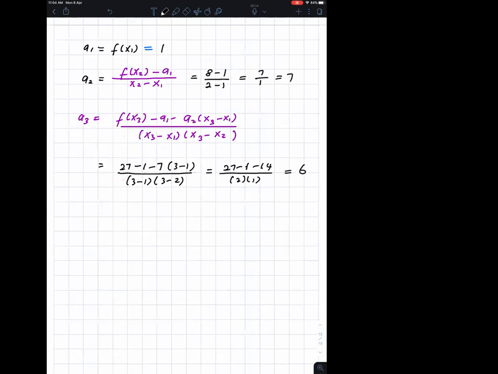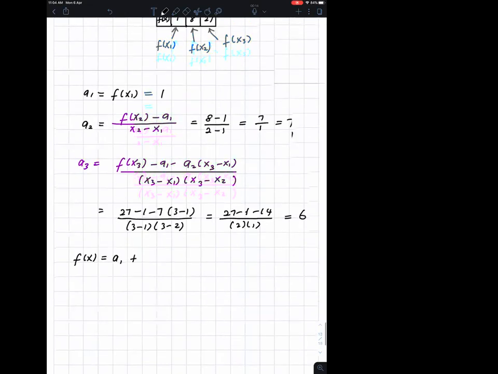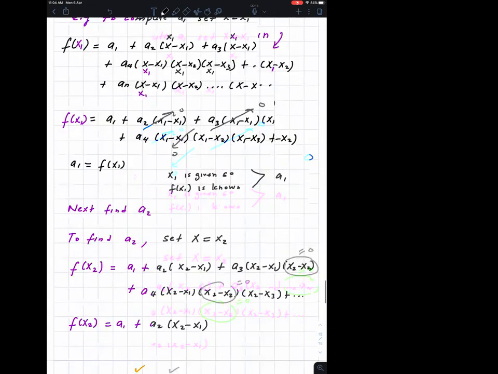Next, we use the formula fx is A1, this formula here. Why should I write it again when it's here?